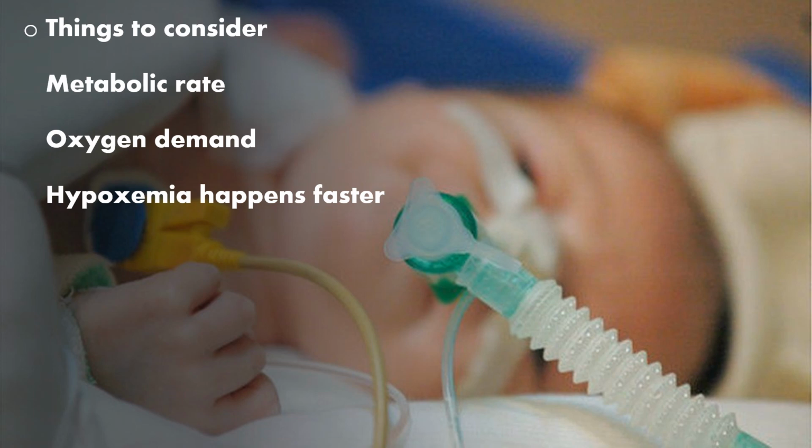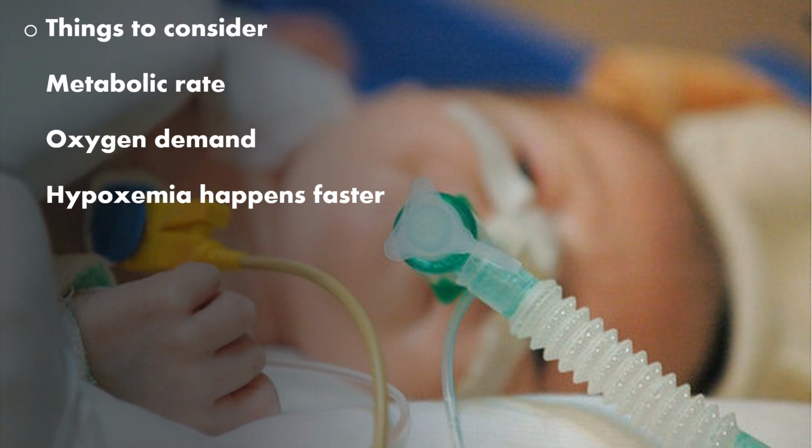They have a much higher demand for oxygen. An adult, when we're breathing, we take in about 3 to 4 liters per minute, which, hint, hint, you probably should know for some sort of testing. Infants, on the other hand, take in anywhere from 6 to 8 liters of oxygen per minute. That is massive, and they are tiny.